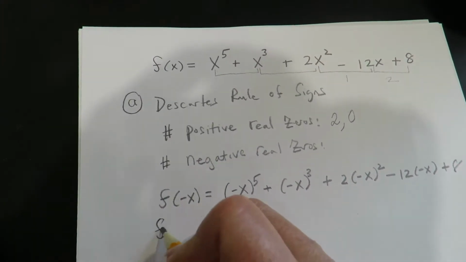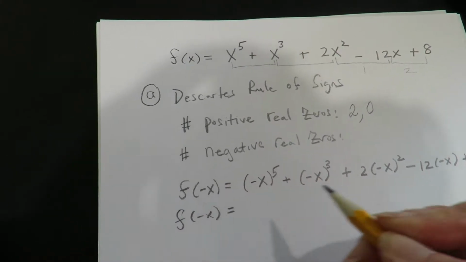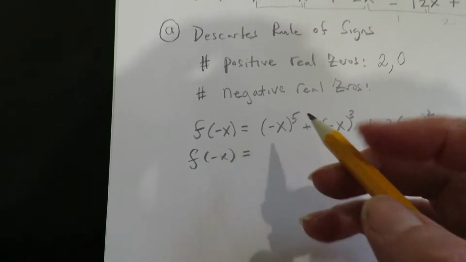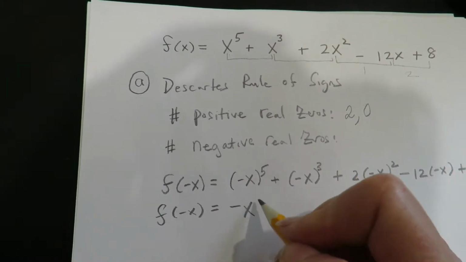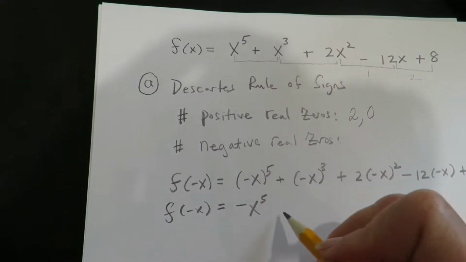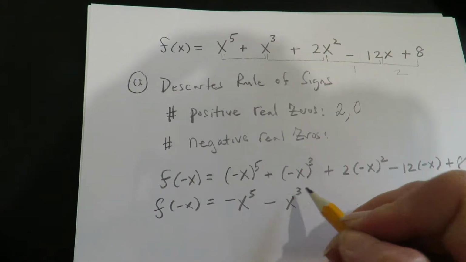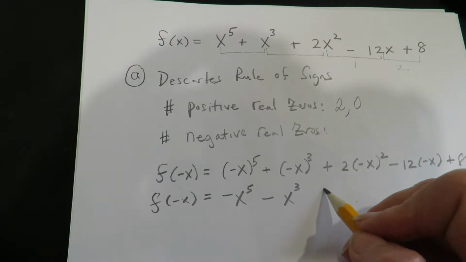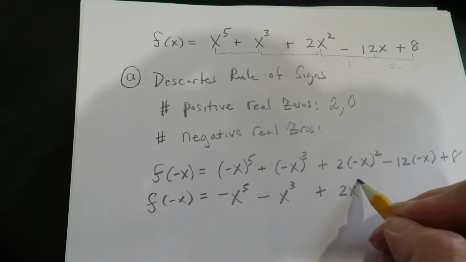Okay, let's simplify that. If you have an odd amount, the negative lives because it's an odd amount. So the negative will come out and change the sign. If it's even, an even amount of negatives will cancel out. The sign won't change.